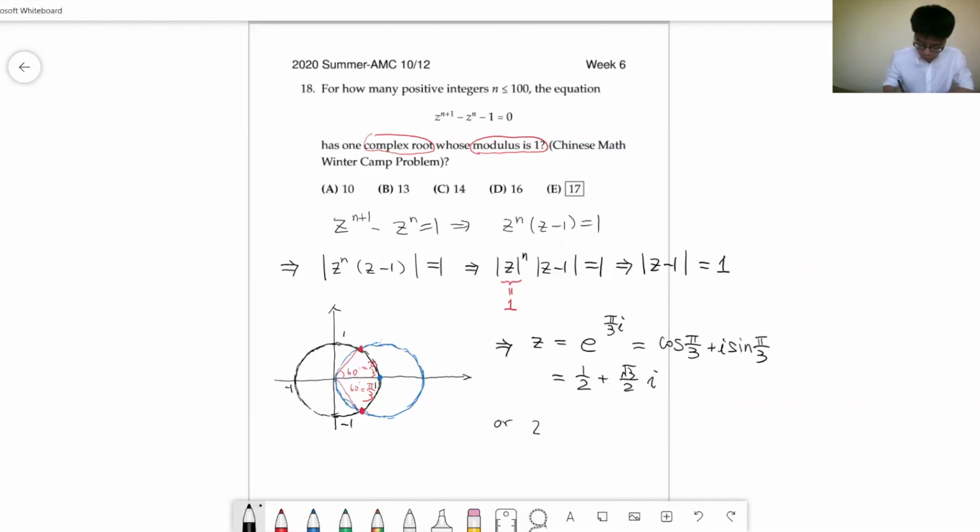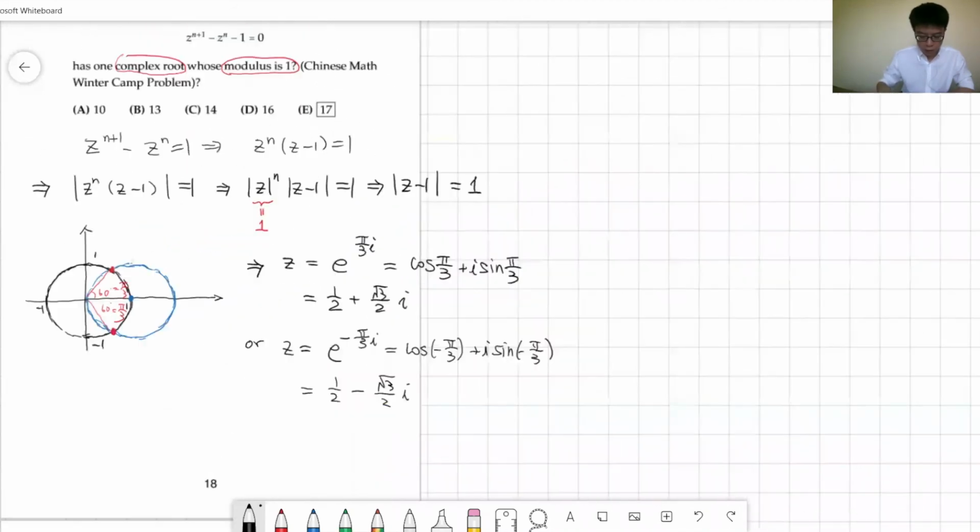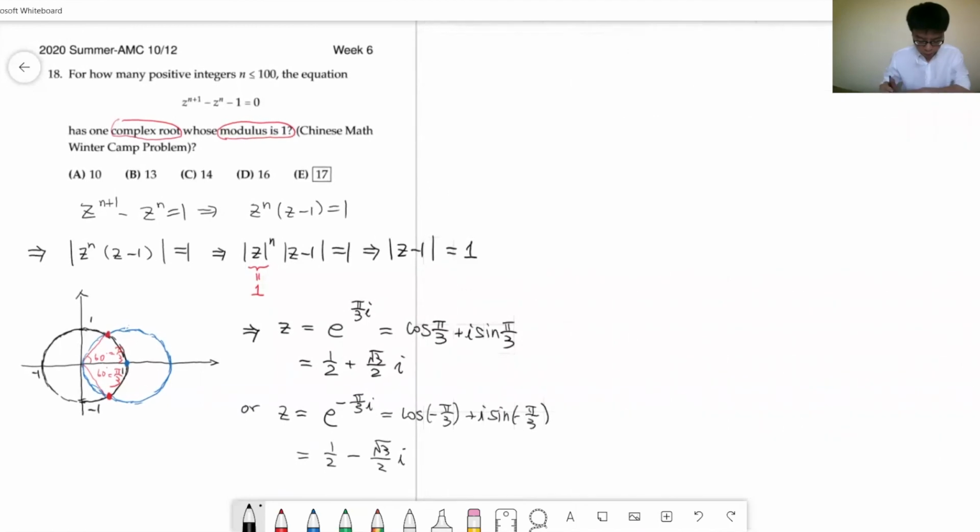Or z equals exponential, because this is in the negative direction, negative pi over 3 i. So this is cosine negative pi over 3 plus i sine negative pi over 3, which is 1/2 minus root 3 over 2 i. All right, let's discuss these 2 cases.